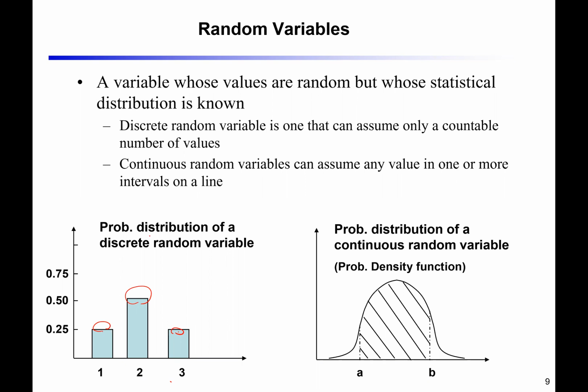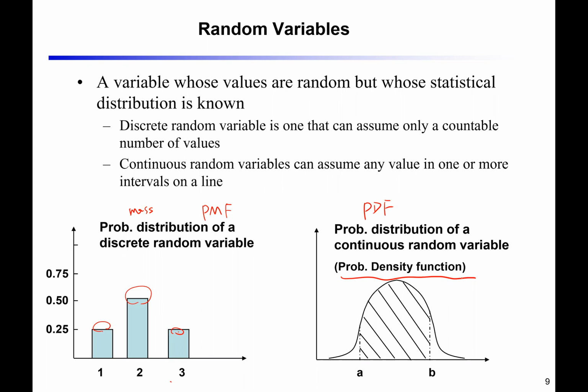The probability distribution here is called the probability mass function, or PMF. And this is called the probability density function, or PDF. The PMF refers to the discrete random variable, and the probability density function refers to the continuous random variable.